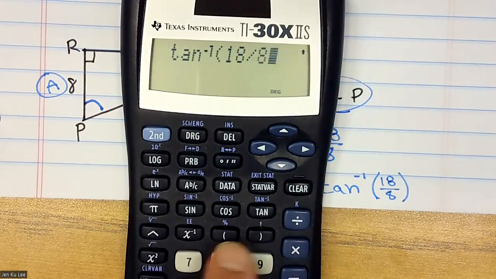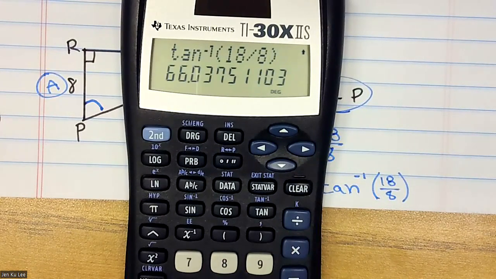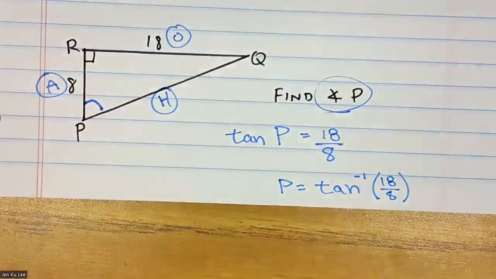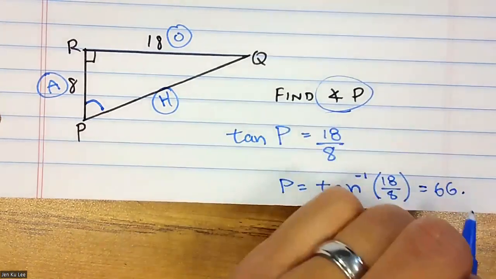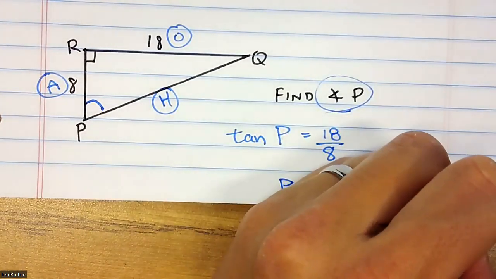Plug in 18 divided by 8, and that gives you the angle, 66.04. That's on your calculator or on your iPhone or a calculator that does not have a screen that you type into.